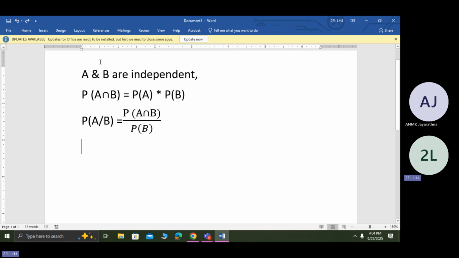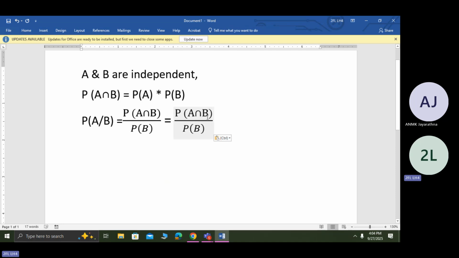Then we assume we already know A and B are independent. Okay. Then tell me, if the two events are independent, the numerator represents the intersection, and A and B are independent. Then how do we find the intersection now? Here you need to write down the intersection.